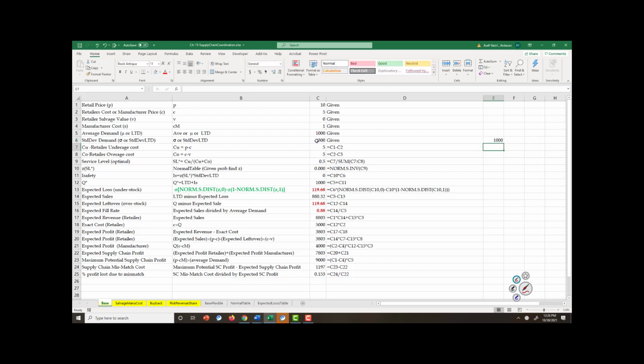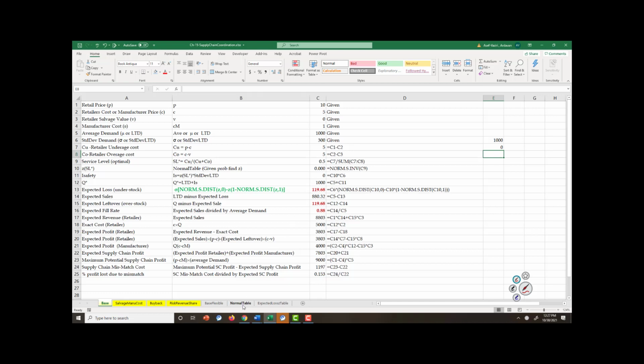We can also compute safety stock by NORM.S.INV, and then we enter 0.5, and the formula tells us you need to go 0 standard deviation to the right of the average. Your safety stock in this specific case is 0.